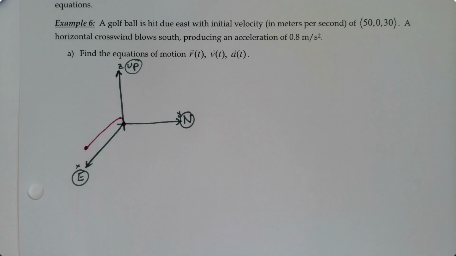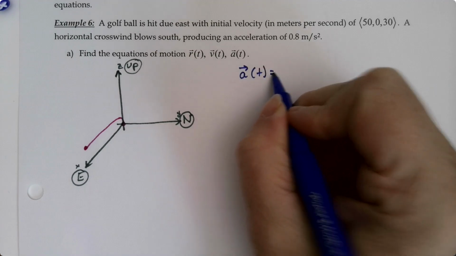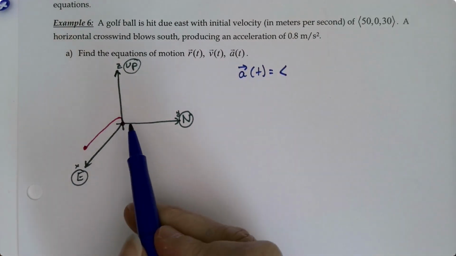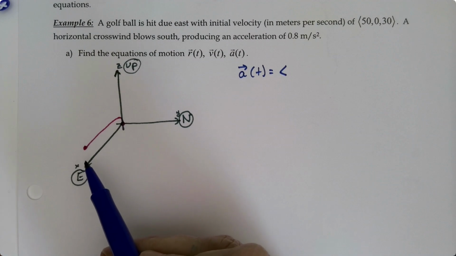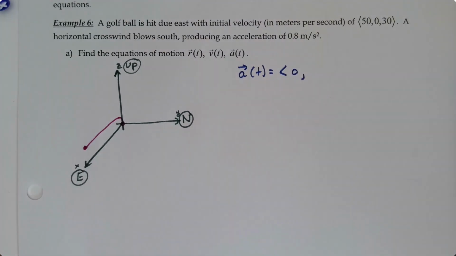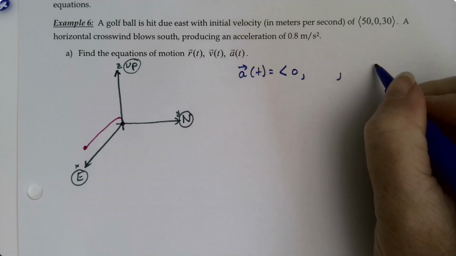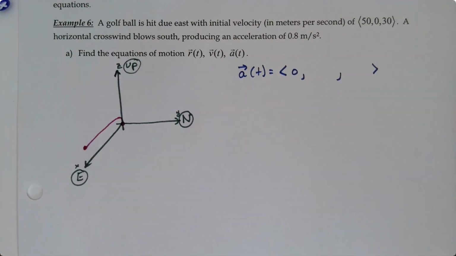Okay, so let's look at the acceleration vector. Let's start there. So the acceleration vector would be the accelerational forces acting upon the ball, which there's no acceleration vector in the x direction, but there is acceleration in the other 2 directions.